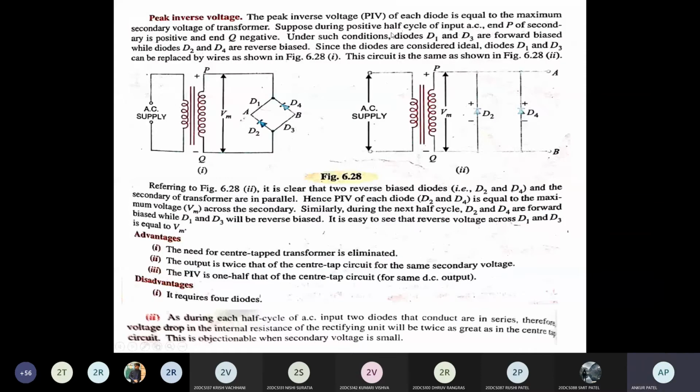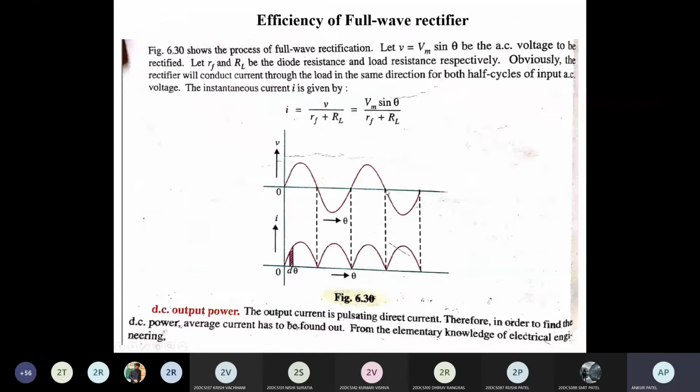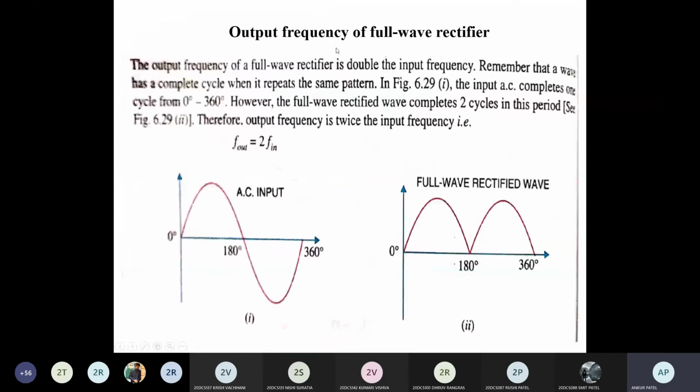So this is the peak inverse voltage. Okay, output frequency of full wave rectifier. So this is the full cycle, but if the cycle repeats, then it is also called a full cycle.